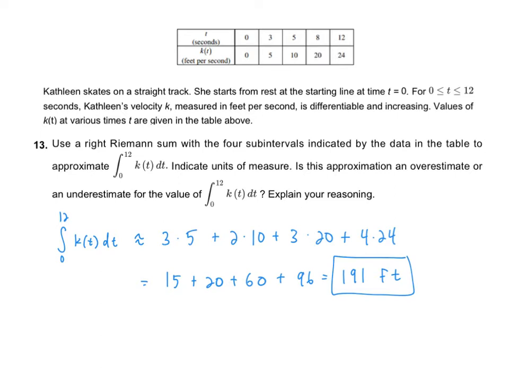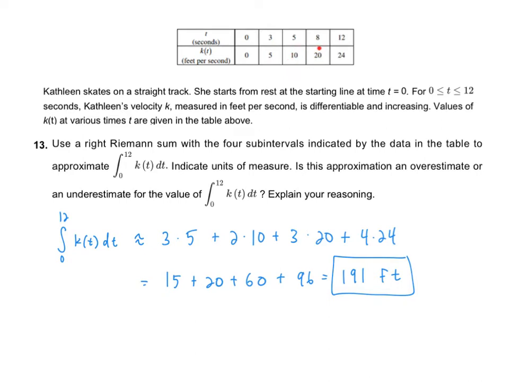This will be an overestimate for sure because the function's increasing. In the first subinterval, 5 is the highest value between these two values, and that's the one we used. In the next subinterval, the two values were 5 and 10, and we used the bigger one.